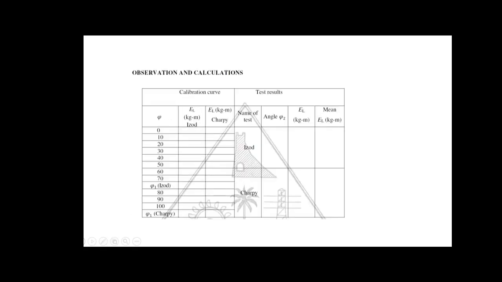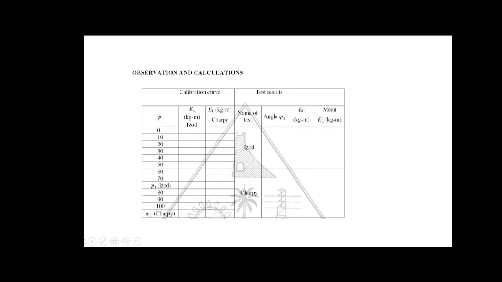Now, what is meant by calibration? A calibration chart means, for any machine, when we take a unit measurement on the dial gauge, what is its corresponding load value or energy value. That is the calibration curve. So in the case of a UTM, the measurement that we are taking is the load.